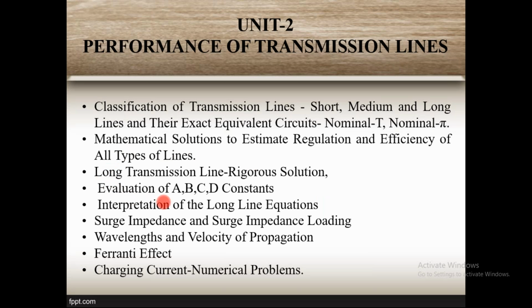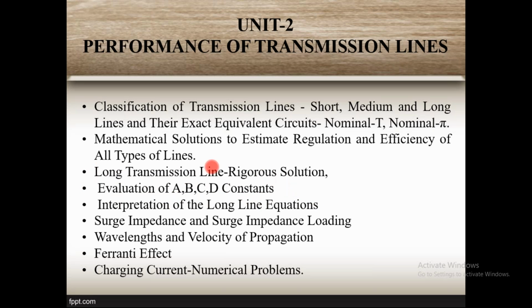And next is evaluation of ABCD parameters. You have already studied the same topic in Electrical Circuits 2, that is two-port networks. In a two-port network, one port acts as a source and the other acts as the receiving end, that is the load. The same thing applies in a transmission line: one end is connected to the source, another to the load.